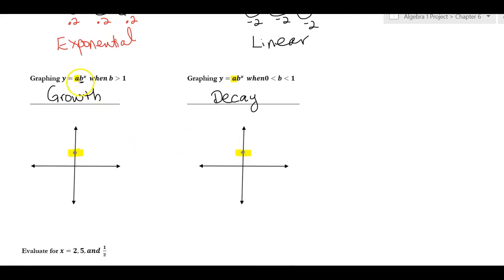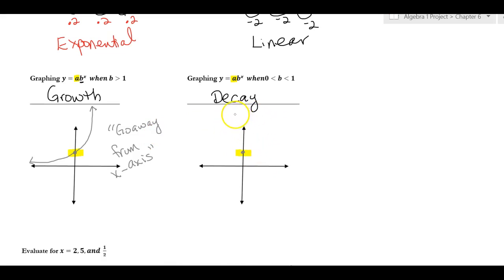Okay? When it grows, what happens is it starts near 0 and it gets bigger and bigger and bigger. So it gets to be a steeper curve. So growth is going to grow away. So growth, go away from the x-axis. Okay? Decay.